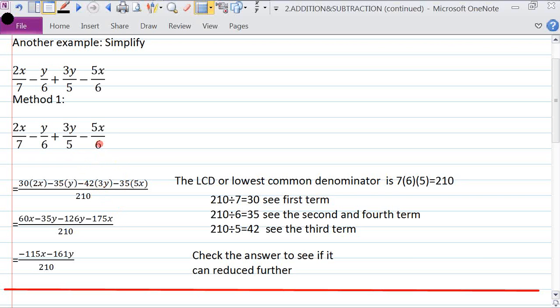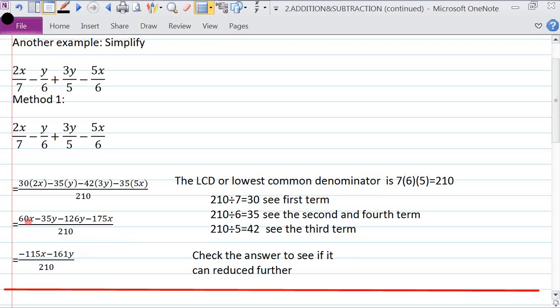And 6, as we've done before, goes into 210 35 times, so I'm going to multiply the top of this by 35. So I get 60x minus 35y plus 126y right here, and minus 35 times 5x gives me minus 175x.